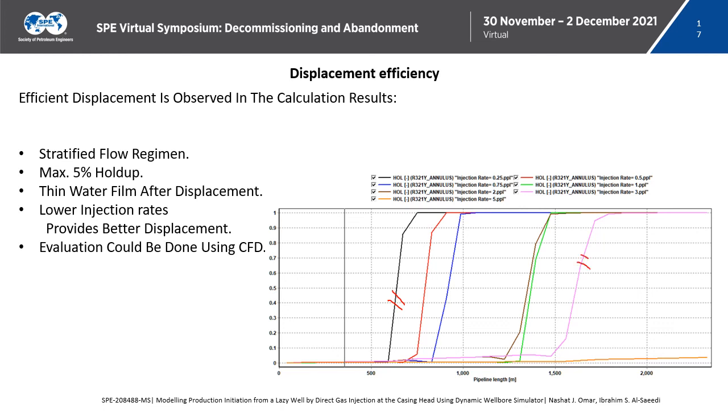It's very clear that the displacement efficiency of the black line is better than the purple line by a relatively small margin. To fully evaluate the displacement efficiency, it's recommended to use more advanced modeling approaches using computational fluid dynamics.